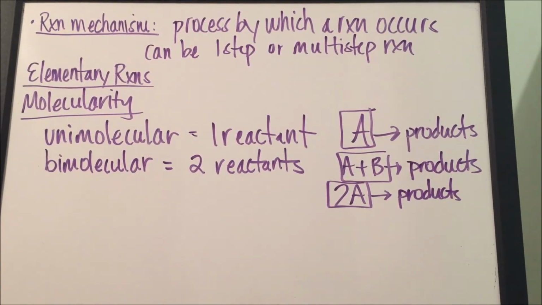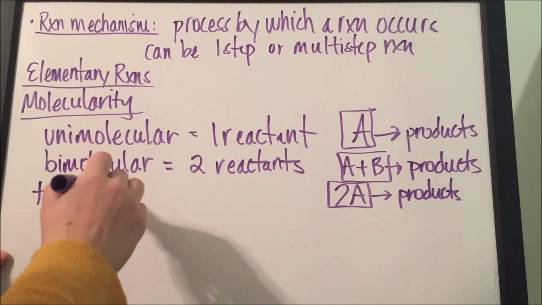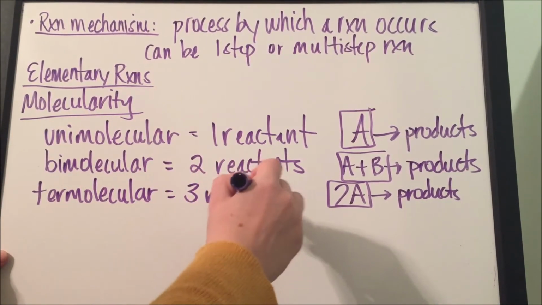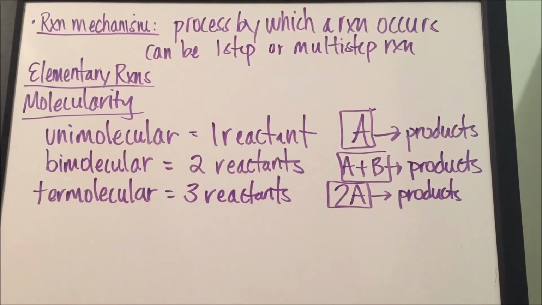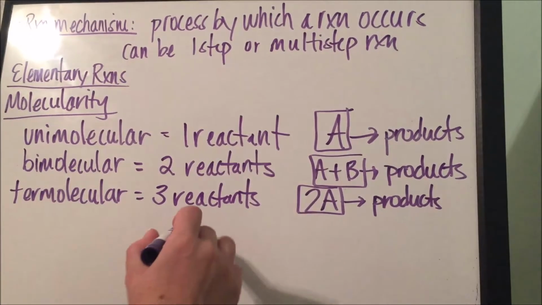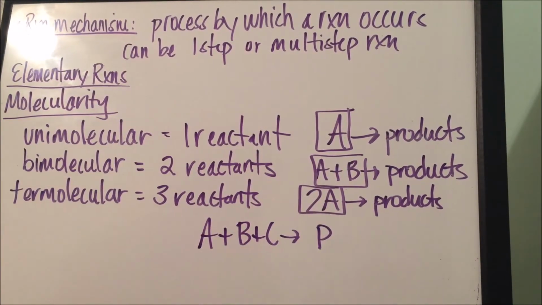And then of course we can have 3. You might think it's tri. It's actually not. It's termolecular, almost like inter, but without the in part. So of course a termolecular reaction could be lots of things. It might be A plus B plus C yields products.